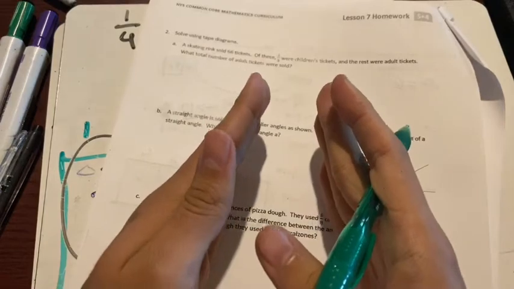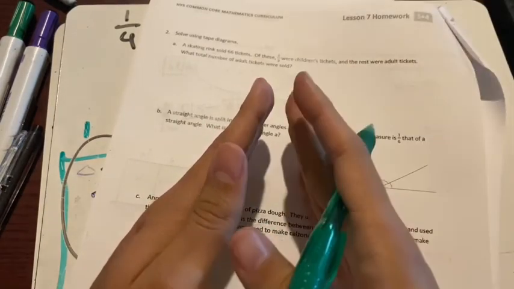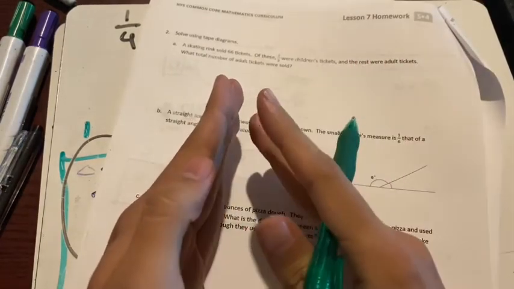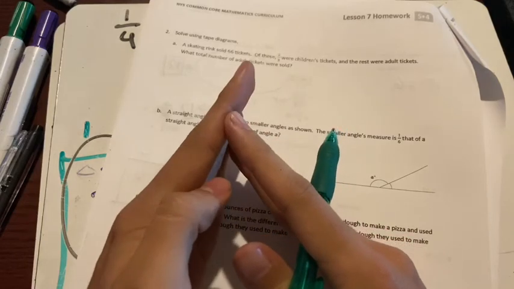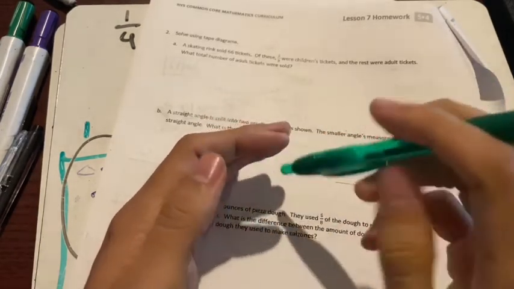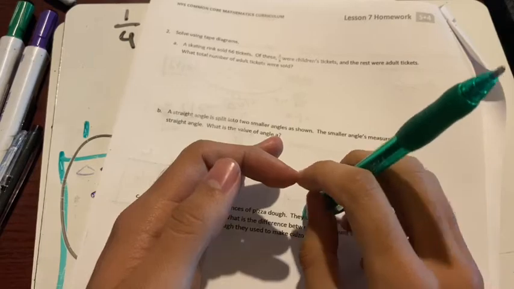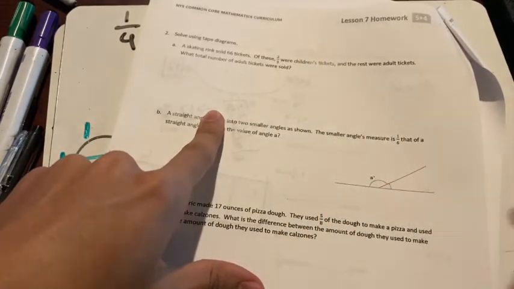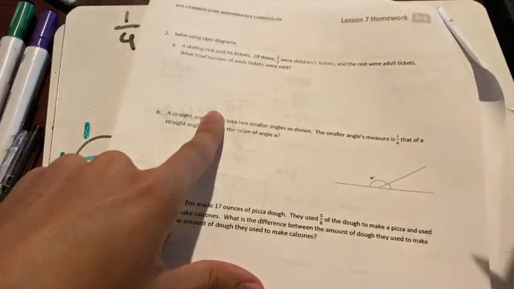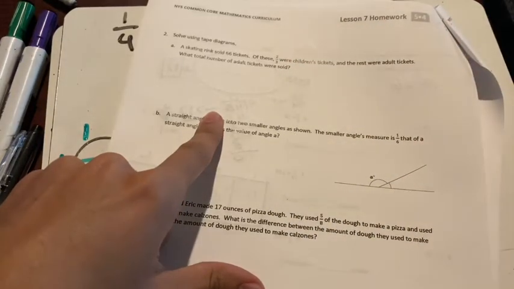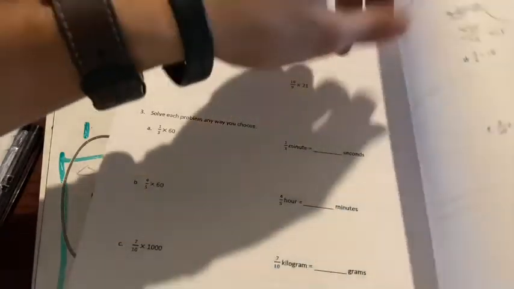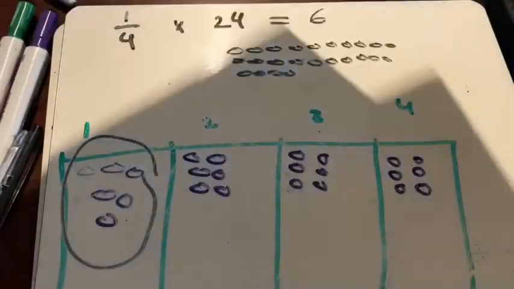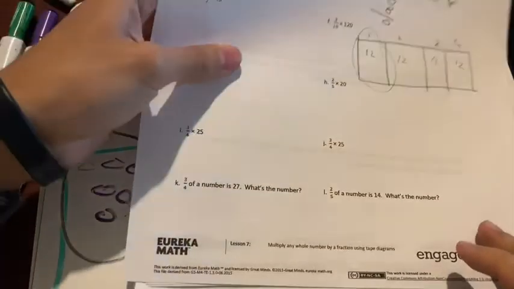You have to make sure that you're being organized and neat, and you're going back and looking at your answer and asking yourself, does my answer make sense? One thing I encourage you to do when you get word problems is write out your answer in words.